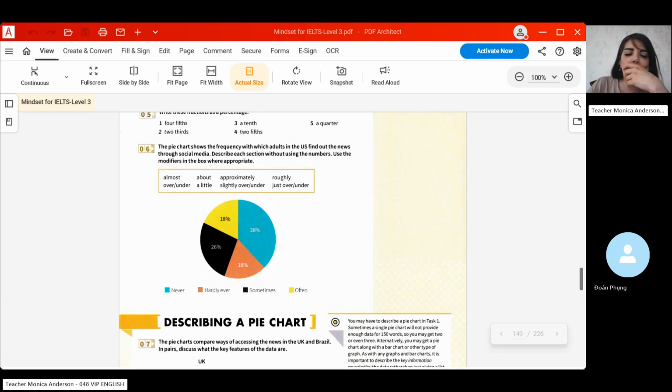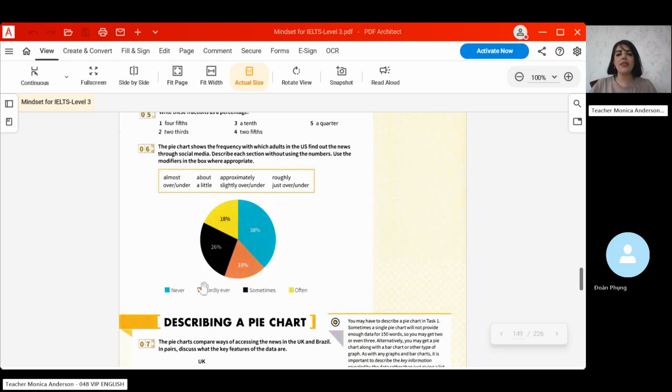For example, 26 is just over a quarter. Just over can be okay, about can be okay.